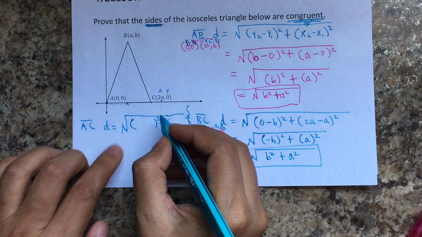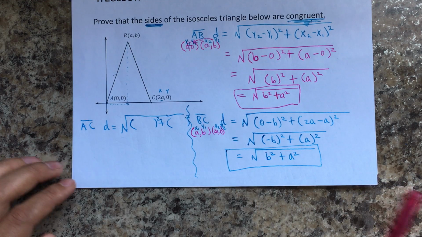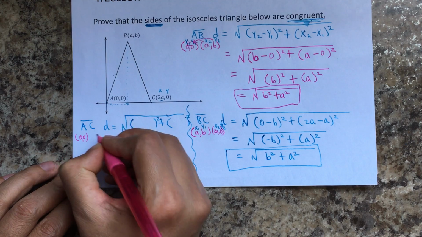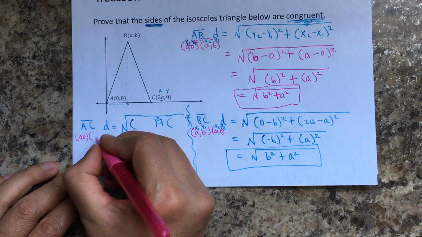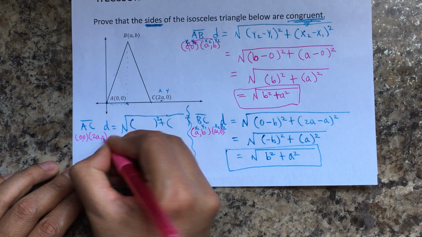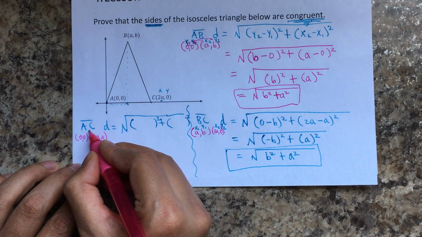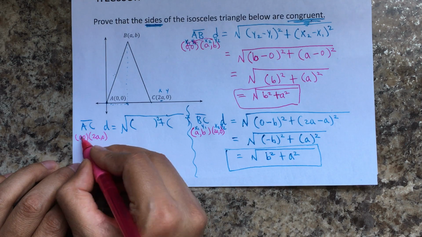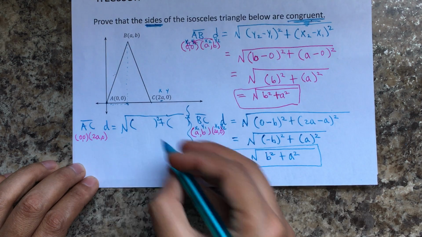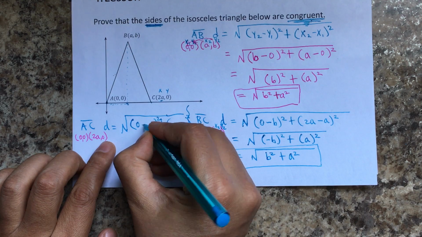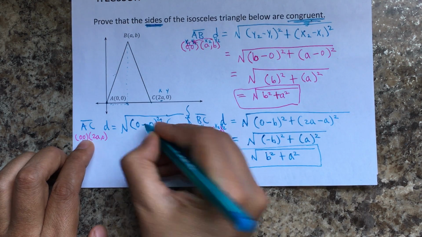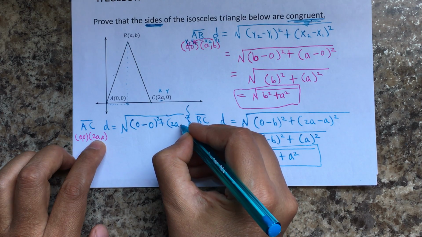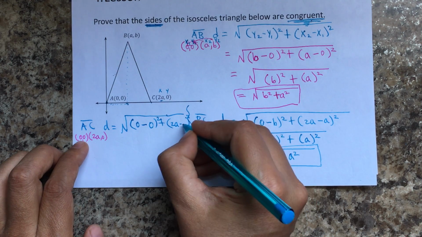Point A is (0, 0) and point C is (2a, 0). So it's 0 minus 0, and 2a minus 0. y2 minus y1 is 0, x2 is 2a, and x1 is 0.